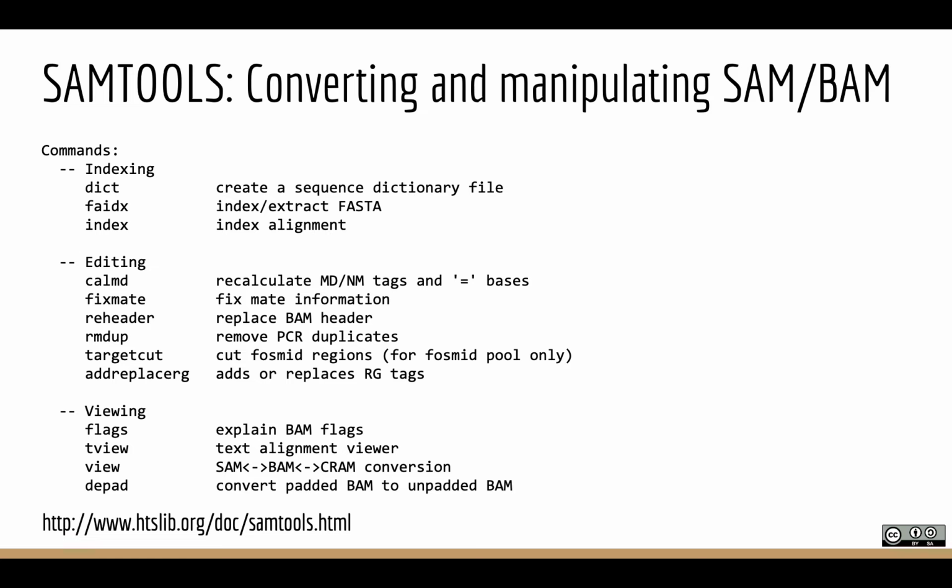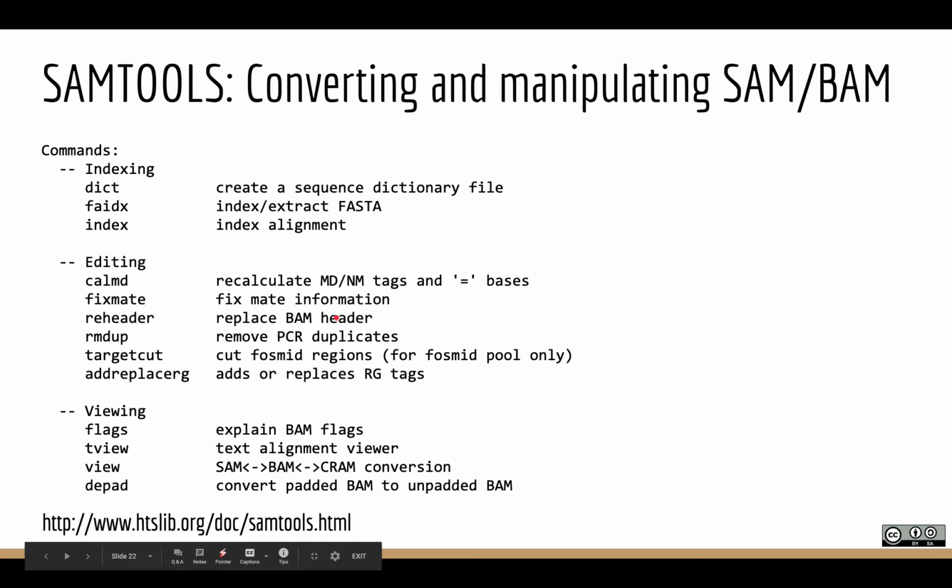Most of them really are not used all that often. The main ones are to index a SAM or BAM file. That's required so something like IGV can actually load it up and view it. And we talked about view. This is basically SAM to BAM to CRAM conversion.